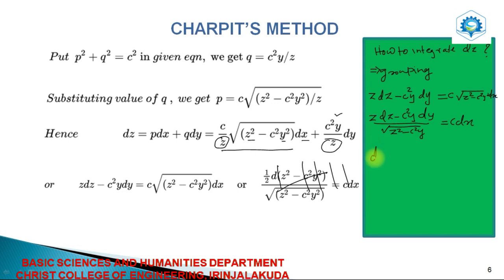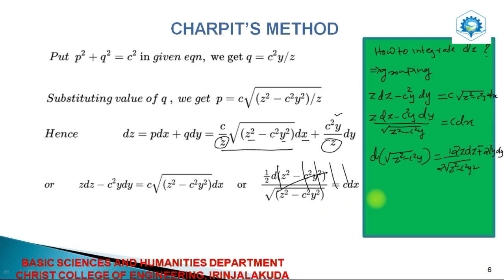What about the derivative of, if we find the derivative of square root of z square minus c square y square, what will you get? You will get 1 by 2 root z square minus c square y square, and the derivative of inside is 2z dz minus 2c square y dy.